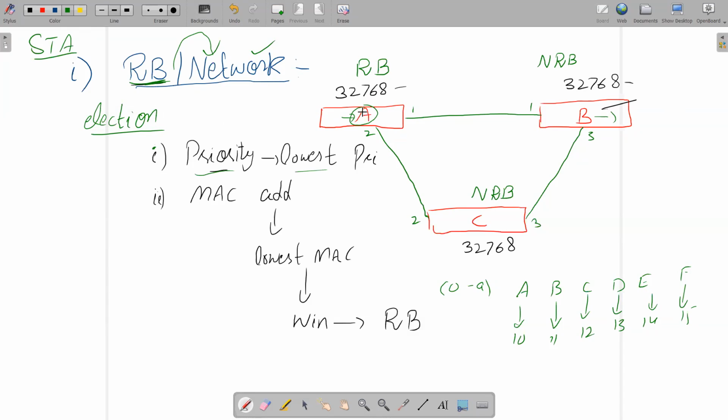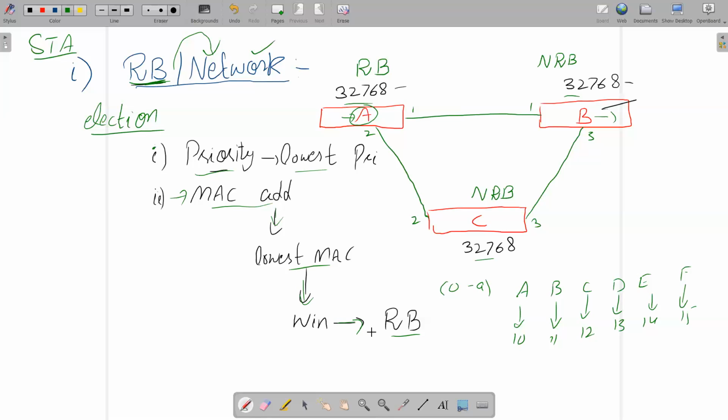But by default, every switch has the same priority, so the election would be in a tie. So what's the other criteria? Compare the MAC addresses, because MAC addresses cannot be the same. They are always unique for every device. So the switch having the lowest MAC address will win the election and be elected as the root bridge. That's how we elect the root bridge in a network.